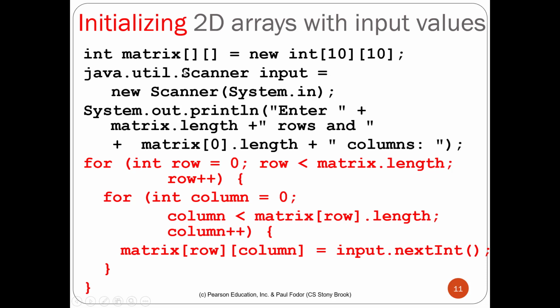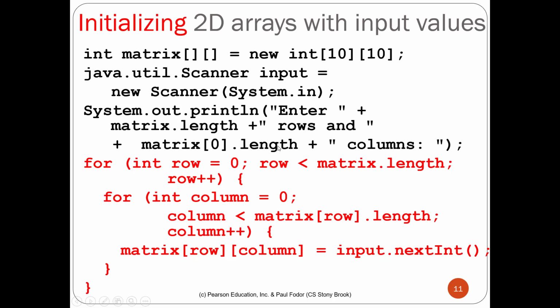Okay, and after that we are creating an input object which is of type Scanner class, and the purpose of input is to take the values from the user for the elements in this 10 by 10 array, which is matrix. Here you are printing the number of rows and the number of columns that you have in matrix.